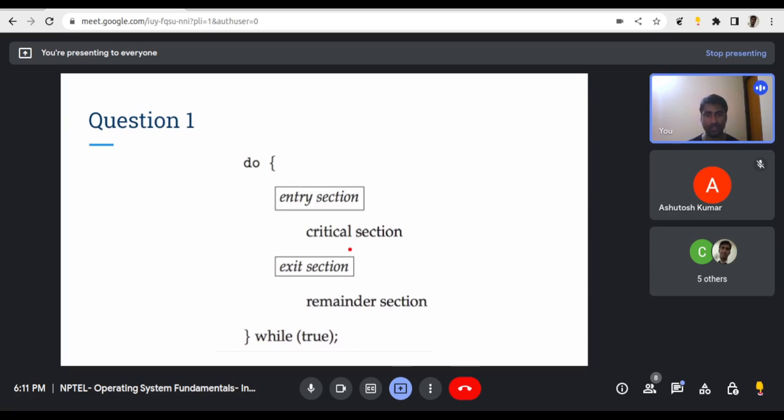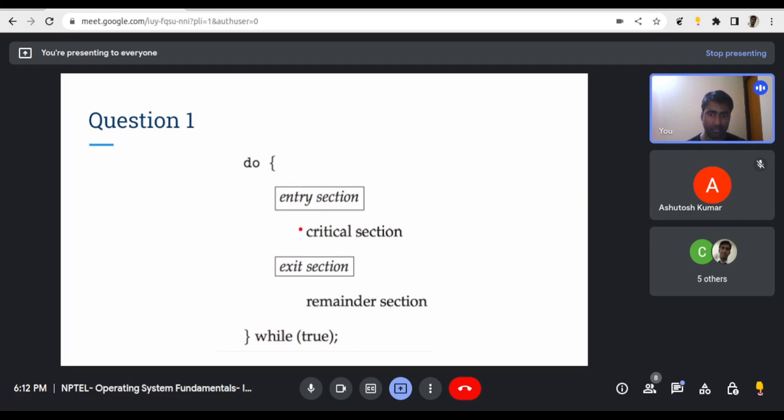To avoid that, the bounded waiting condition must be satisfied by the algorithms that aim to solve the critical section problem. The requirement that is specific to the critical section problem is mutual exclusion, as you may have understood. The other two requirements are specific to the process.